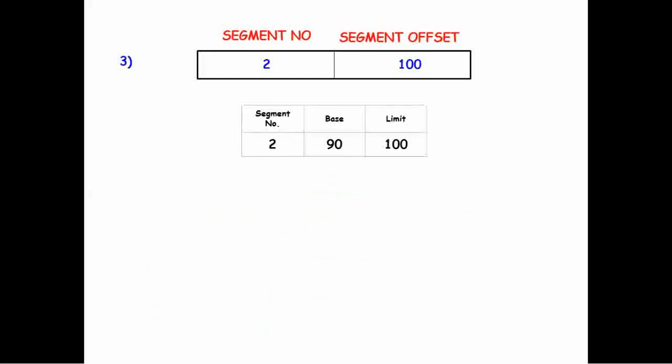Next problem. In this problem, the segment number is taken as 2 and the segment offset is 100. This is the corresponding segment table entry for the given segment. From the segment table, the limit of segment 2 is 100. So we need to calculate limit minus 1.